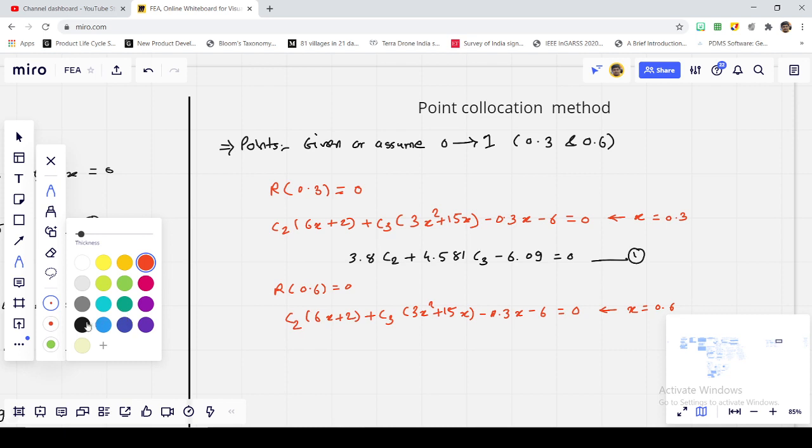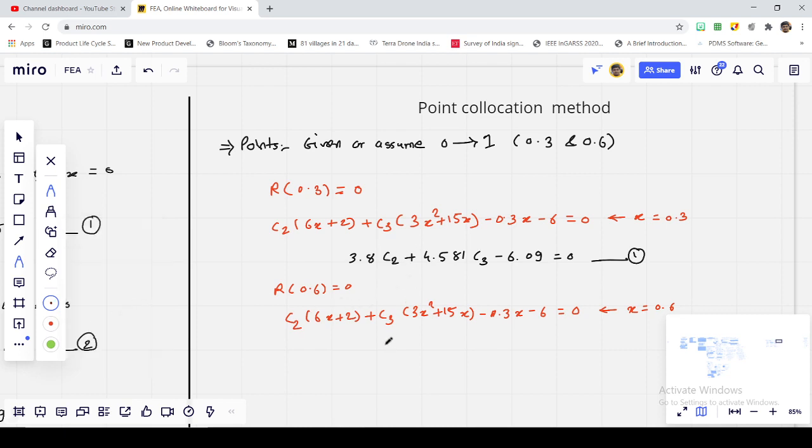After substituting x is equal to 0.6, you will again have two unknowns, so you will get the final equation as 5.6 c2 plus 9.64 c3 minus 6.18 is equal to 0. You will be labeling this as 2.